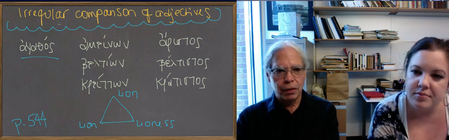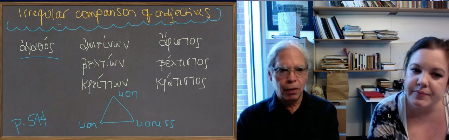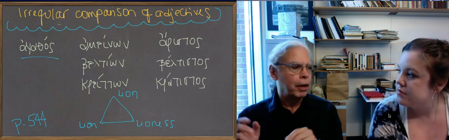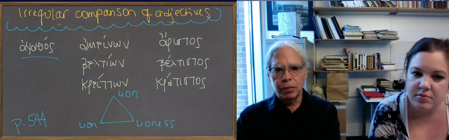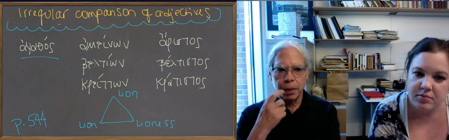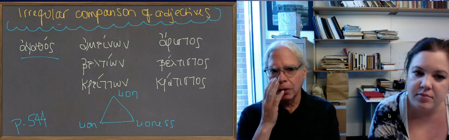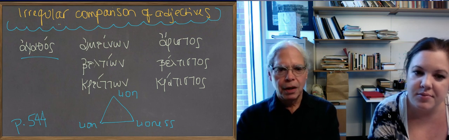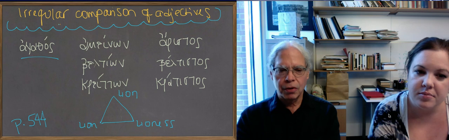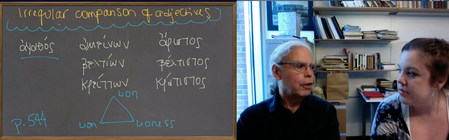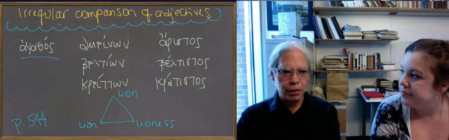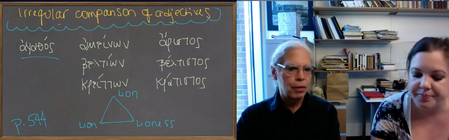So all these so-called irregular comparatives are of the type eon istos. So we just can't see the relationship anymore between the roots of agathos, amenon, and aristos, to say nothing of the others, which look similar. Kreton and beltion and beltistos, that's okay. Kreton and kratistos are from the same root, but there have been transformations of them. So these are old words whose form is no longer morphologically transparent to the native speakers or us.